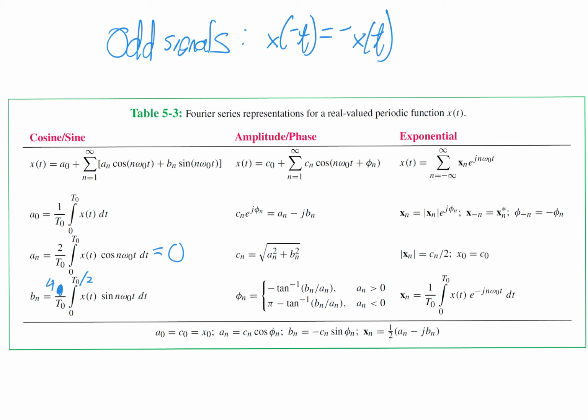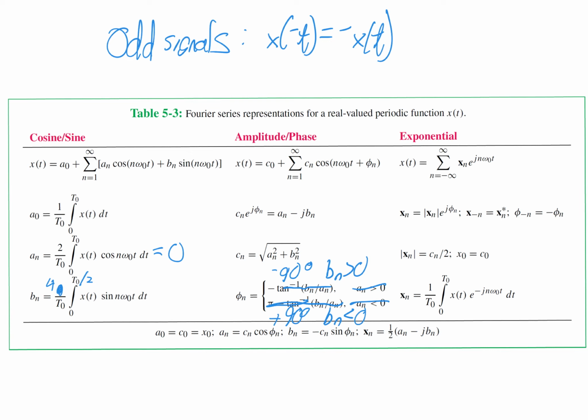Now, since the a components are 0, we are at the plus or negative 90 degree phase points on the phase function. So on the phase function here, we will get negative 90 degrees when b of n is a positive number, and we will get positive 90 degrees when b of n is a negative number.